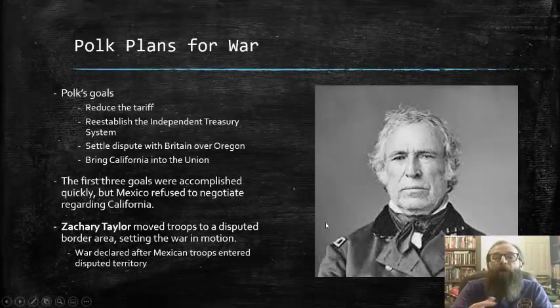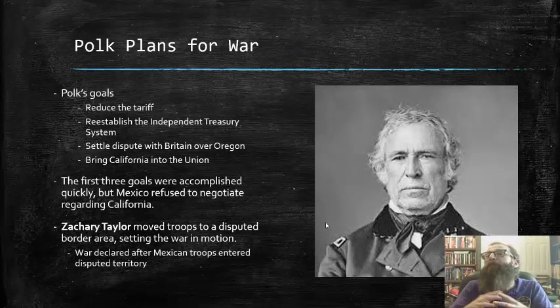When James K. Polk ascended to the presidency, he had four primary goals for his administration. The first was to reduce the tariff, which was still an important issue to Southerners at the time. He also wanted to reestablish the independent treasury system. He, too, was not a fan of the Bank of the United States.